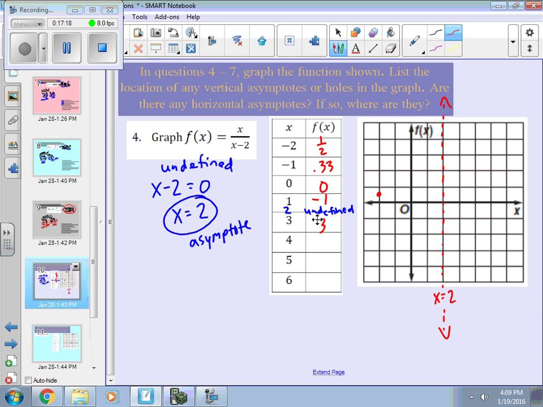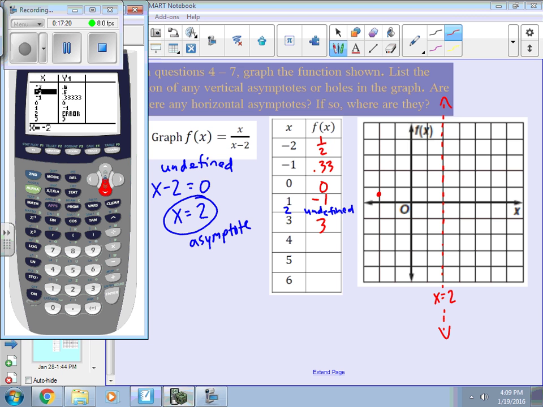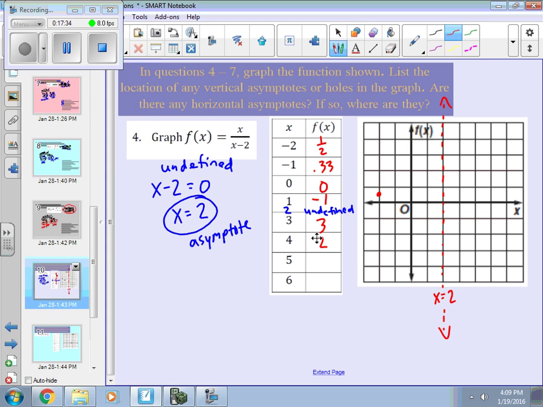At 3, it's 3. If you keep hitting the down button here, you can see some more values. There's some more. At 4, it looks like it's 2. And at 5, it's 1.66. And then at 6, it's about 1.5.